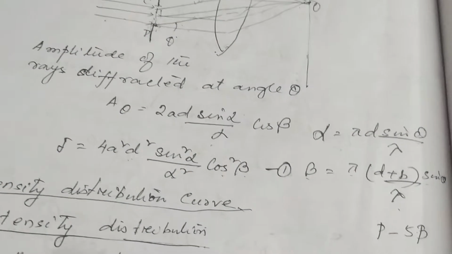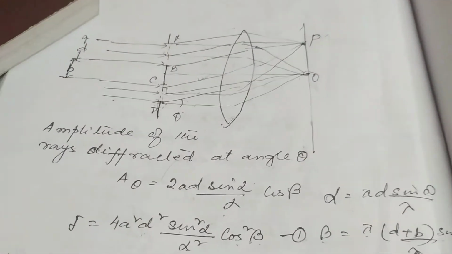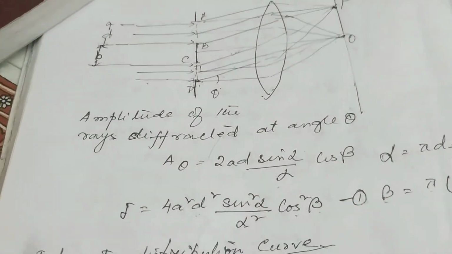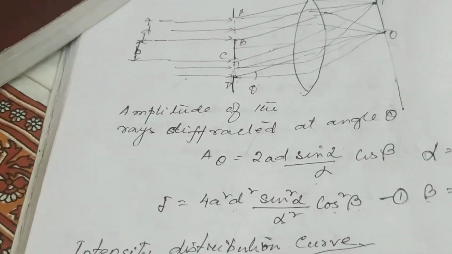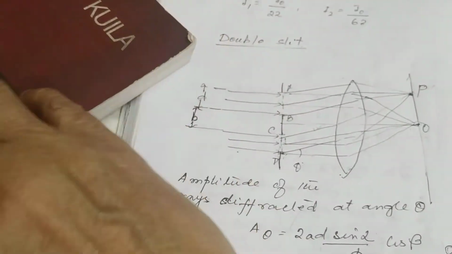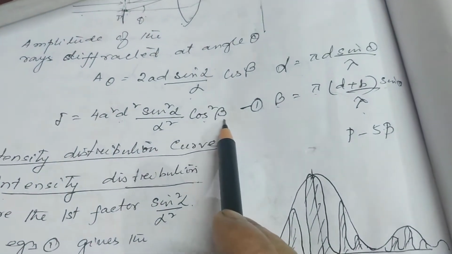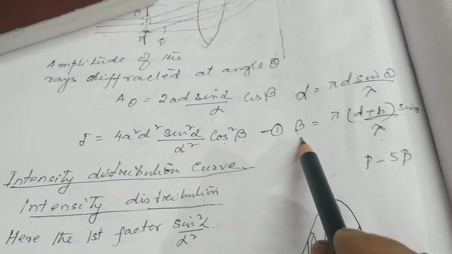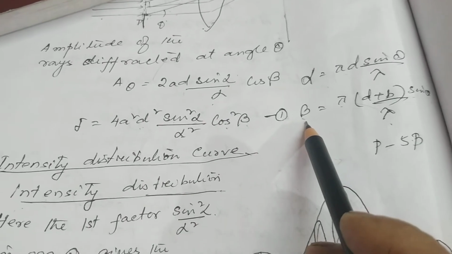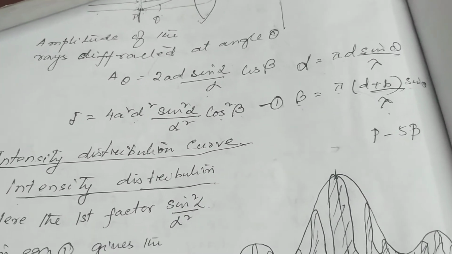Here, if theta is equal to 0, for the central maxima, then beta and alpha are both 0.